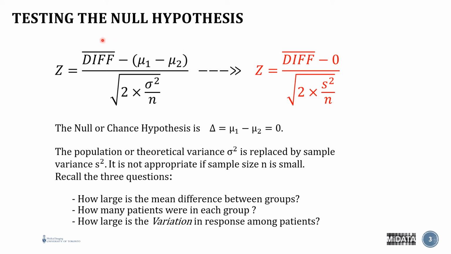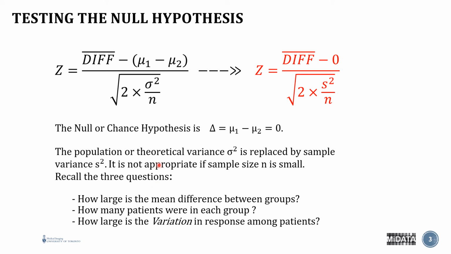So then your numerator remains the difference between your sample means. In the denominator is your standard error, the standard error of the difference between two independent sample means.